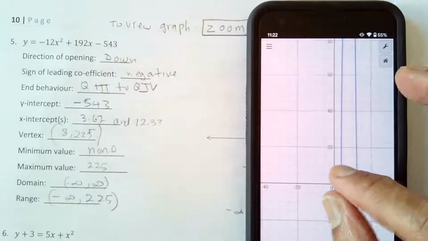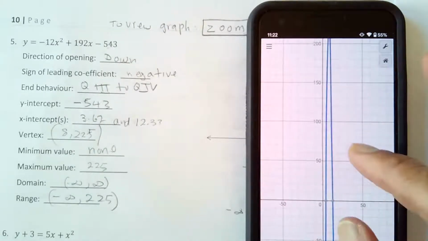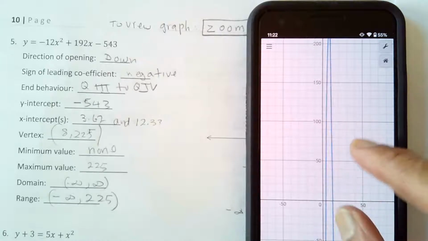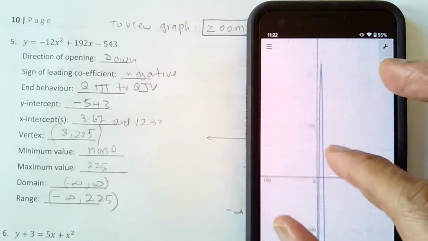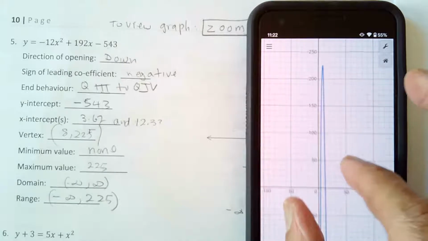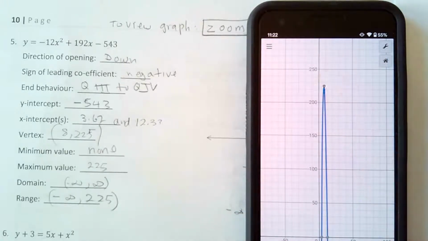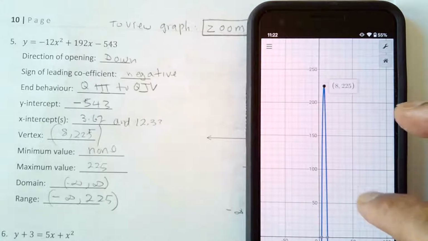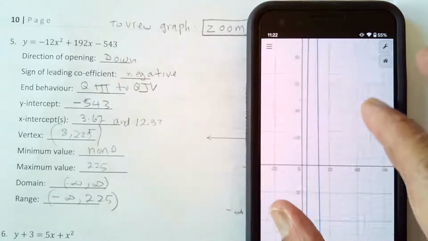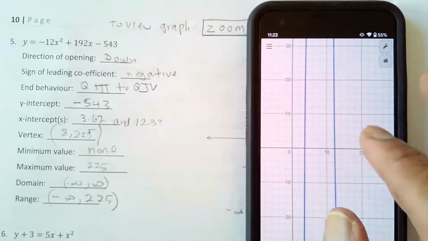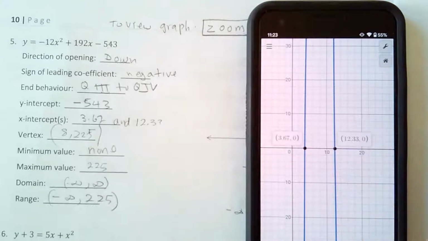Now notice my graph is very, very narrow. So you have to pinch it, and that's your vertex, 8, 225. Then you go find your x-intercepts, 12.33 and 3.67.